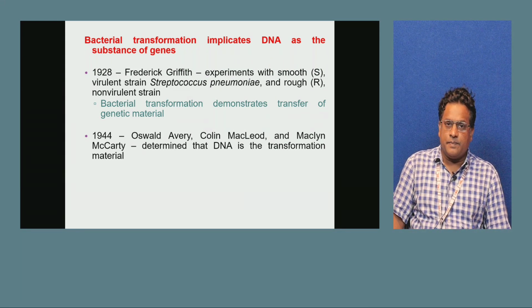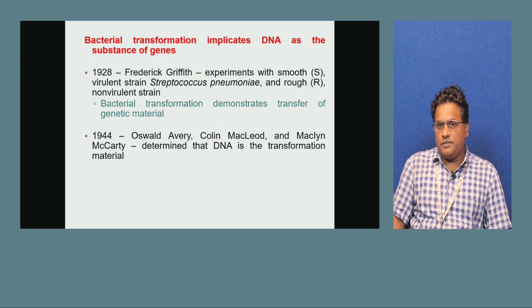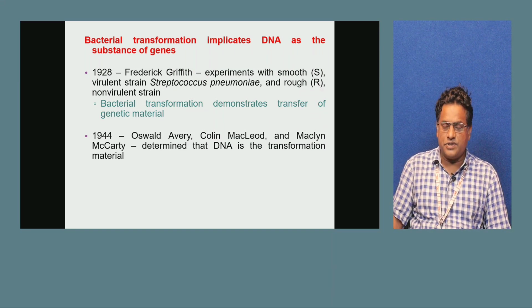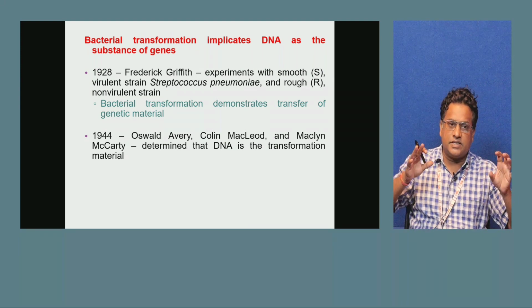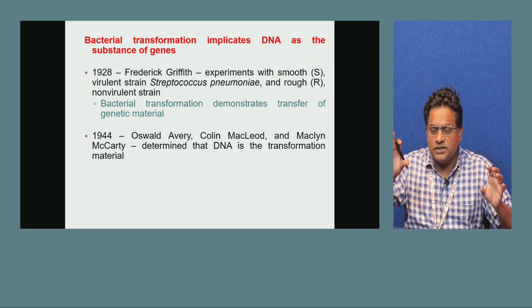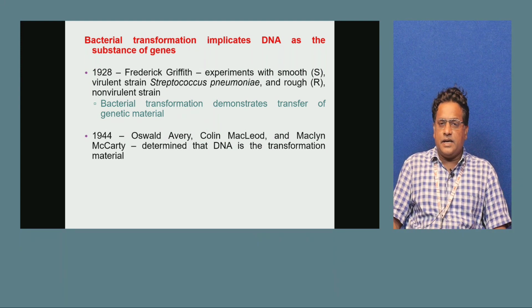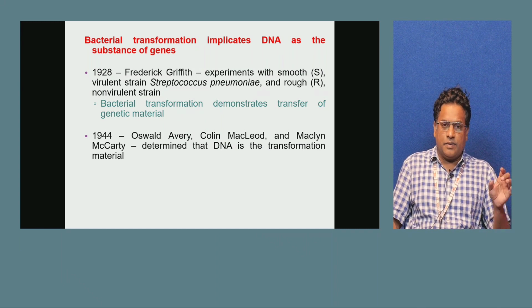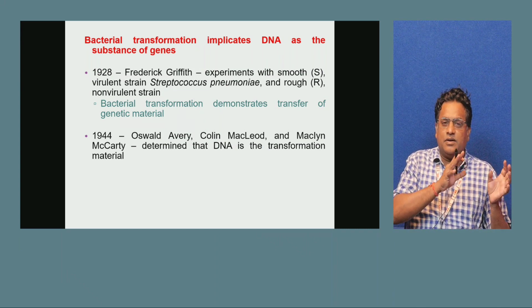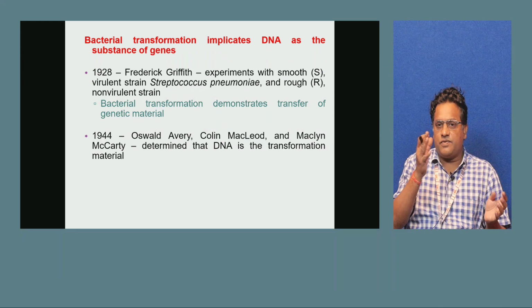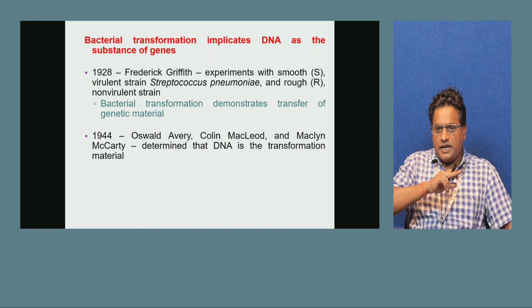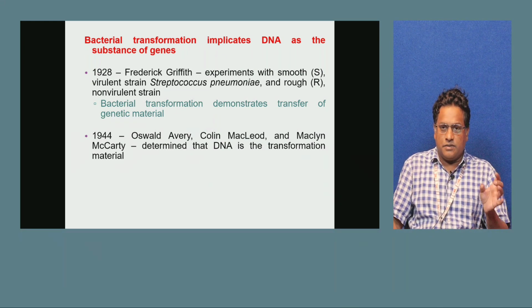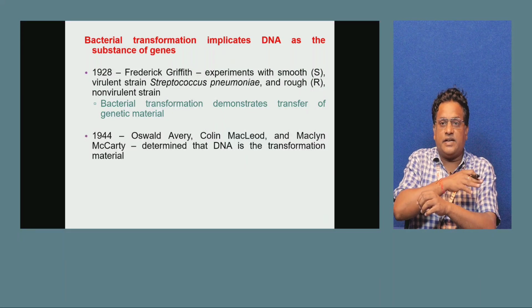He said there are some factors which are being passed on, or transforming another strain, in such a way that the genetic material from one Streptococcus is transferred to another Streptococcus, and it is acquiring the characteristics from where it was transferred.